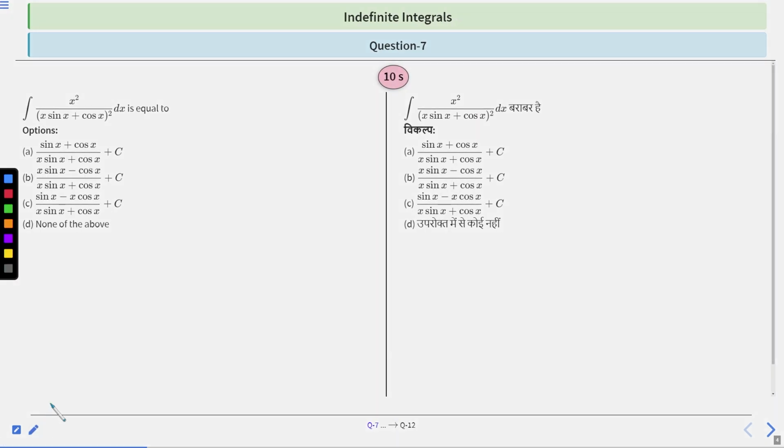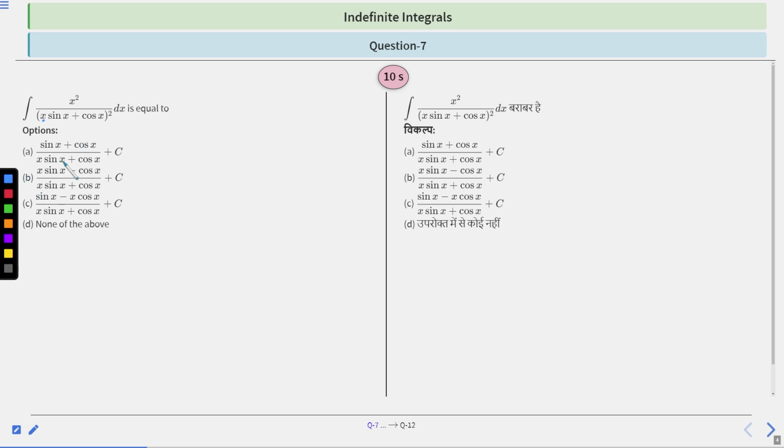So let's start with question number 7, which says integration of x square upon (x sin x plus cos x) whole square dx is equal to. So in this question, the hint is: you can see that the derivative of x sin x plus cos x is x cos x, right?